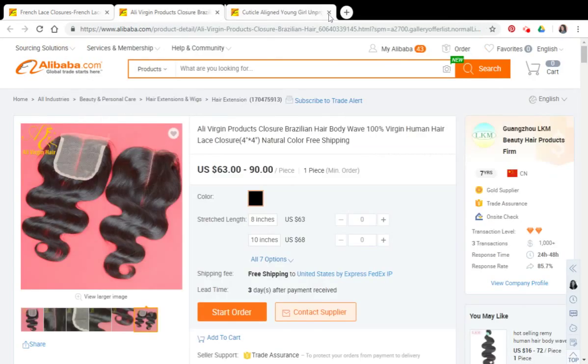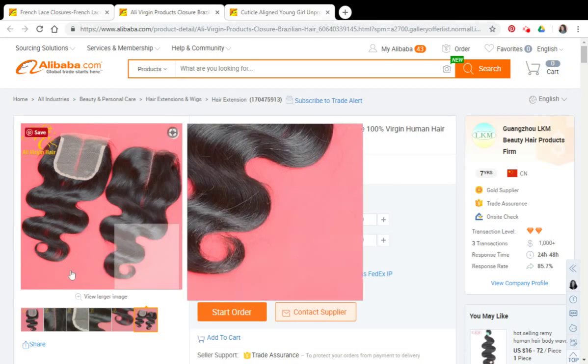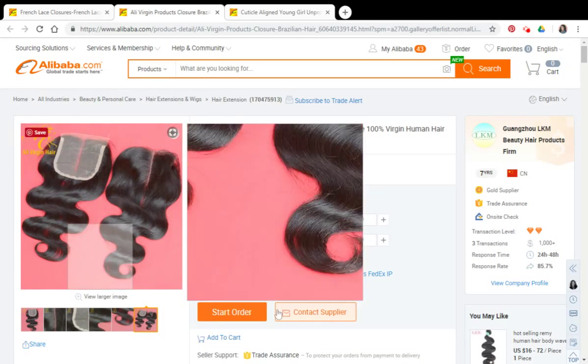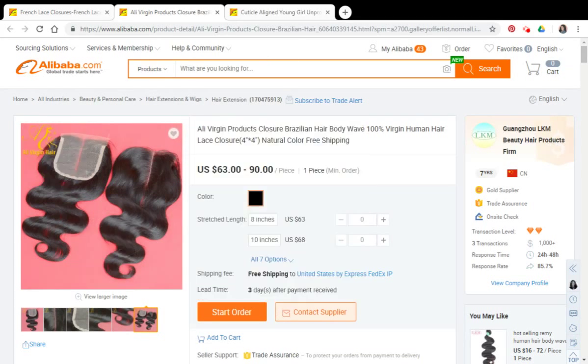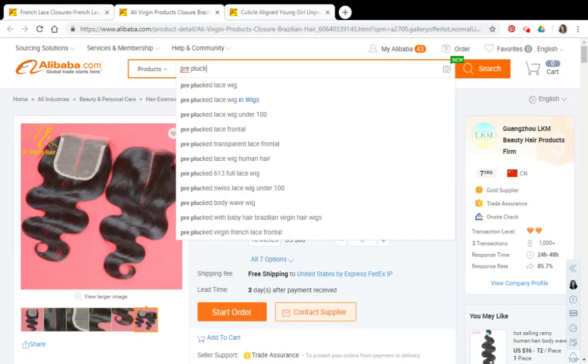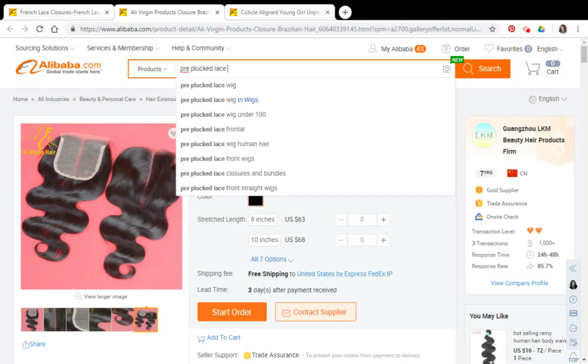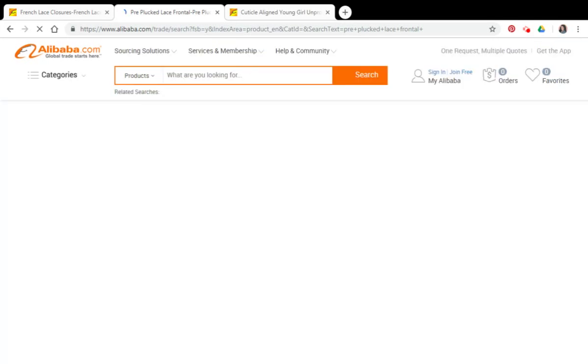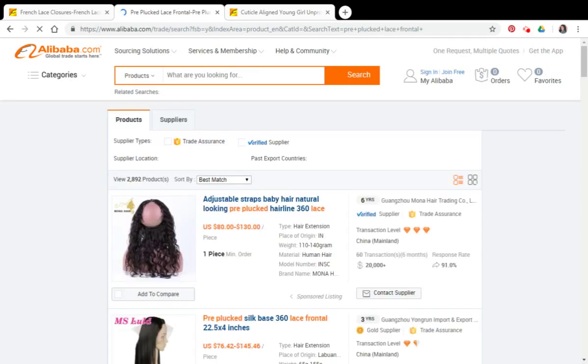Okay, so when you're not finding exactly what you want, because it says olive virgin hair, but the company name does not match what I want to see, so I'm going to change up my search criteria to pre-plucked lace frontal. Pre-plucked just means that the hairline has been ventilated to make it look natural in the front.